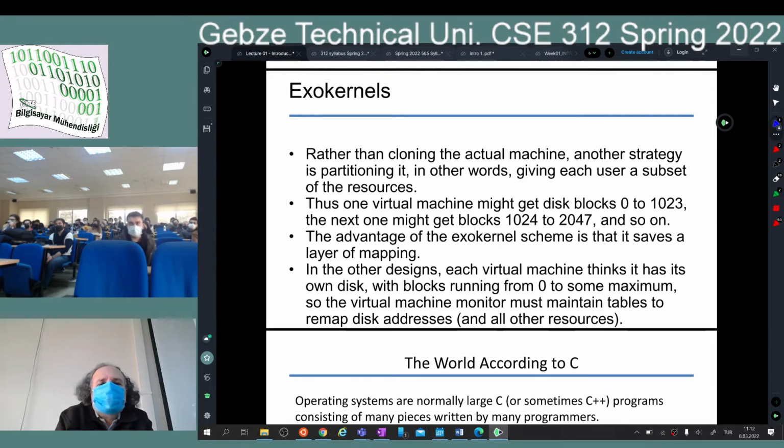They say that, okay, this part of the memory is virtual number one, this part of the disk is virtual number two, so this translation comes free. I mean, which one is using which, so scheduling is very, very easy. It talks about that one, exokernel. So I will skip this one too because we are running kind of late.